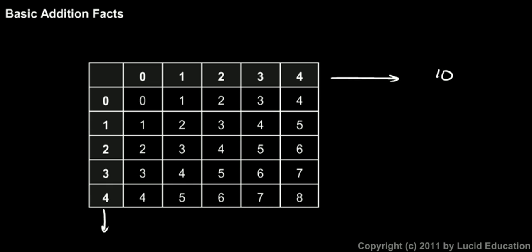If I say 9 plus 6, you should think 15. If I say 8 plus 2, you should think 10. 7 plus 3, 10. 10 plus 5, 15. All of these you should know and be able to recall instantly. If you can't do that, then you need to write out this addition table and memorize it and study it and drill it until you can do that quickly and effortlessly.